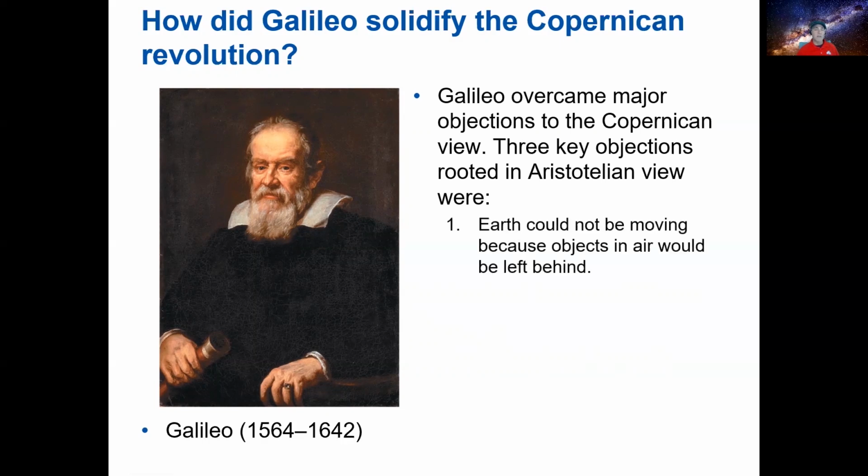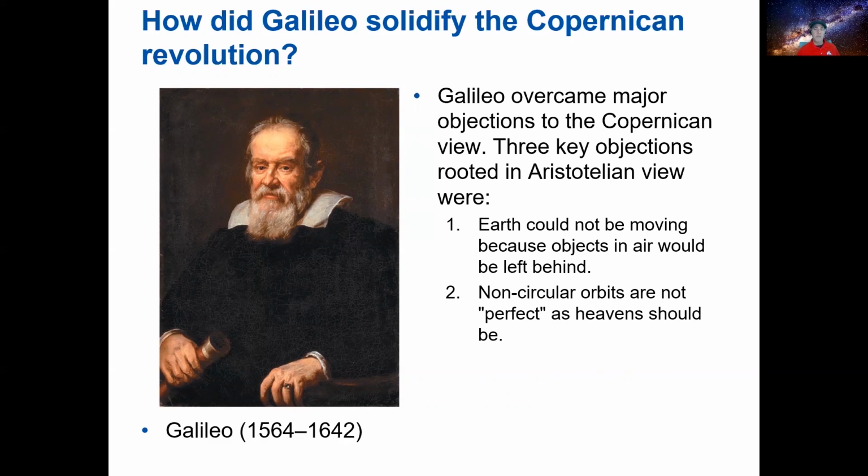The first objection stems from Aristotle's observation that Earth could not be moving because if it were, objects such as birds, falling stones, and clouds would be left behind as Earth moved along. The second objection was the idea of heavenly perfection.